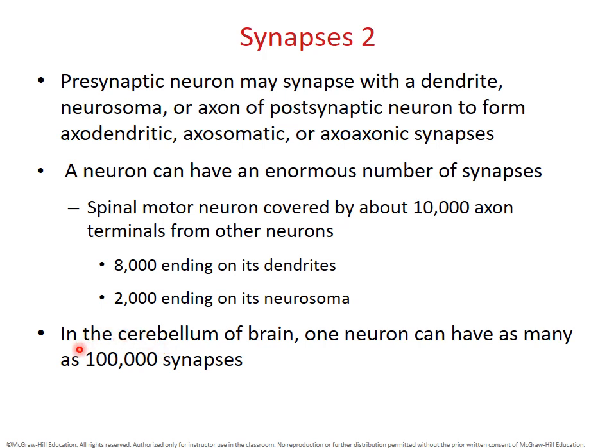So this synaptic network in the brain is truly astounding in terms of the number of connections that can exist inside the brain because of all these synapses that each individual neuron can become involved in.